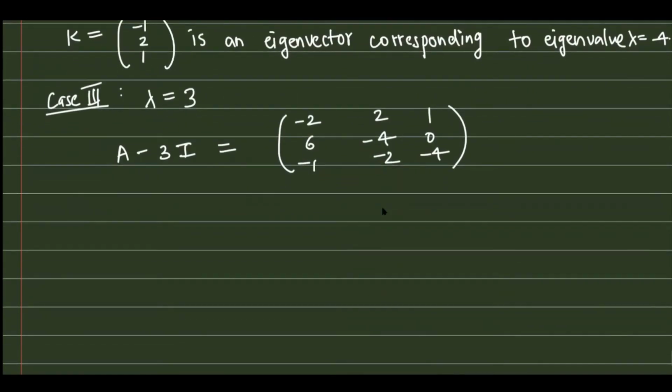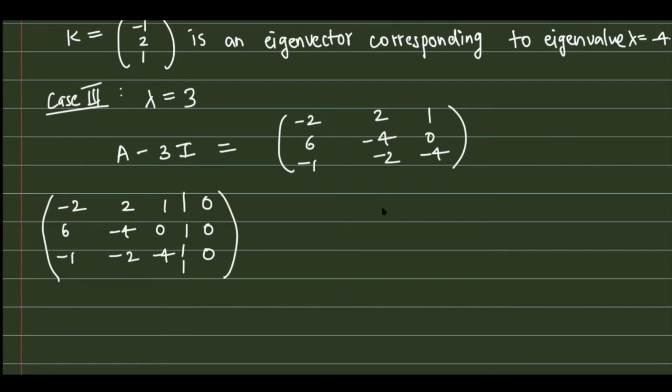So now we can write the augmented matrix directly as we did in the last two cases. So the augmented matrix is minus 2, 2, 1, 0, 6, minus 4, 0, 0, minus 1, minus 2, minus 4, 0. Now again we have to do the row operation method.